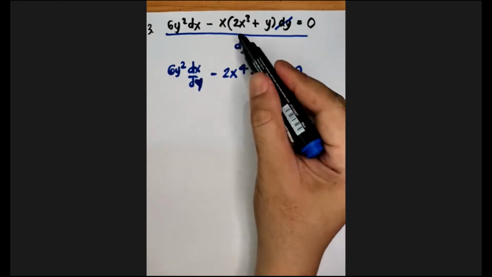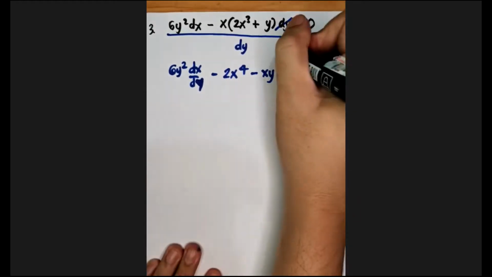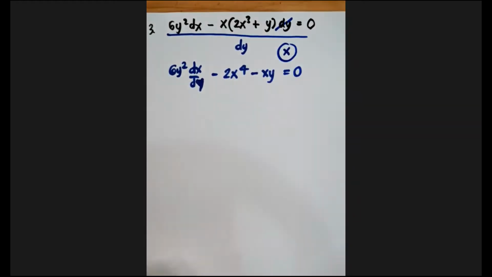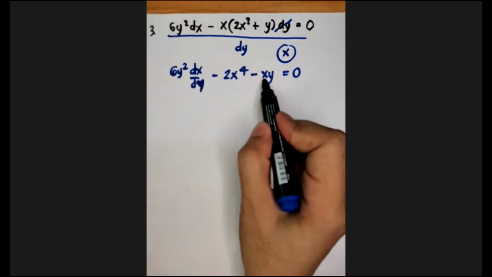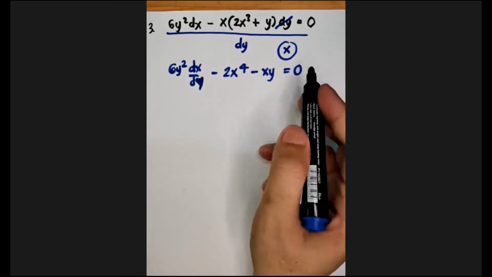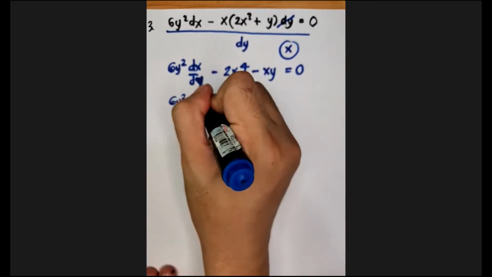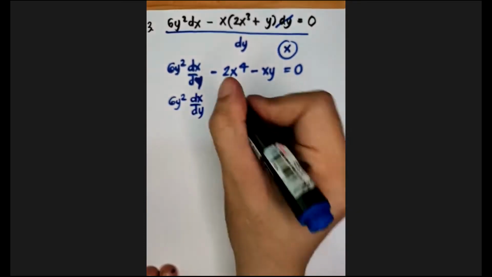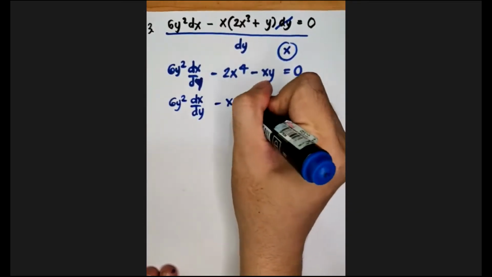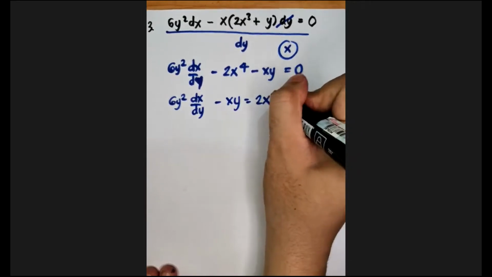Class, remember it's x we're talking about, not y. So only the term with x stays on the left side, the other goes to the right side. So 6y squared dx over dy minus xy is equal to 2x to the 4.